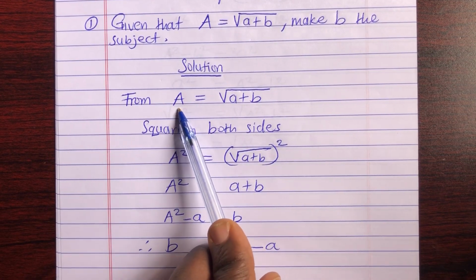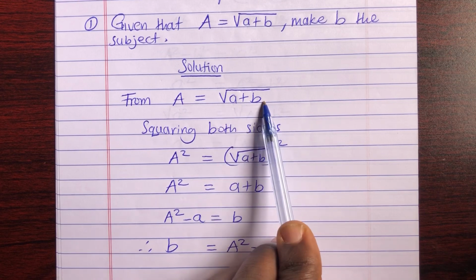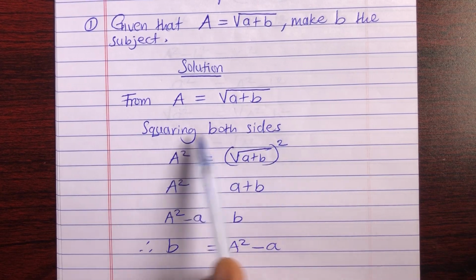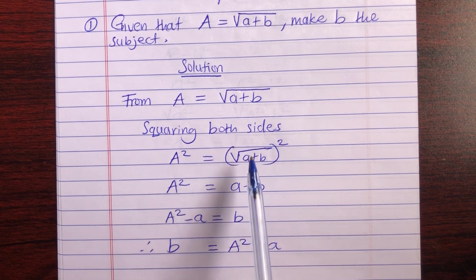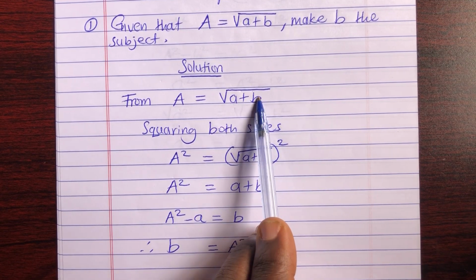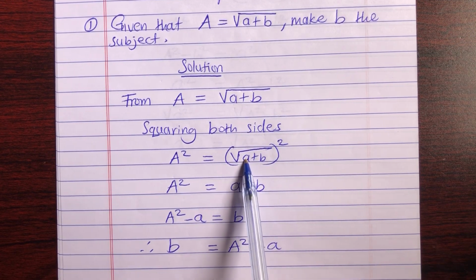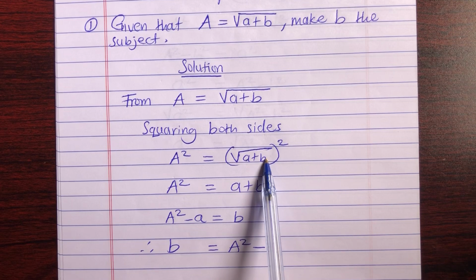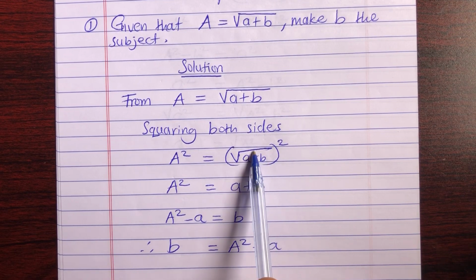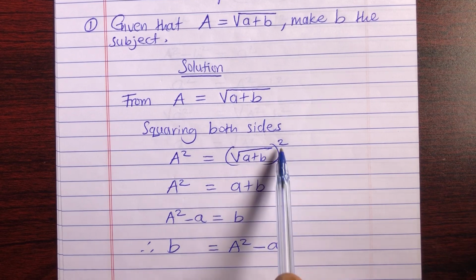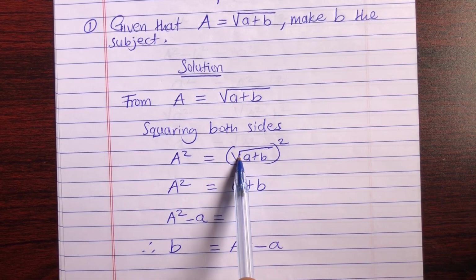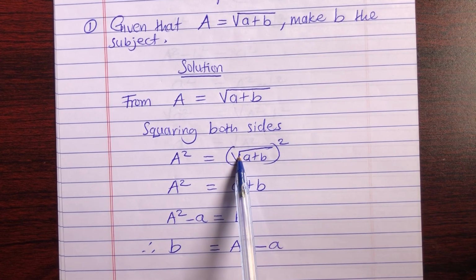From the formula, which is the square root of A plus B, we shall first of all square both sides. Why are we squaring? Because we want to break the fence, which is the square root in this case, so that we are able to take away A and remain with B, which cannot be done if the square root is in place. So the square reduces the square root. That is breaking the fence.